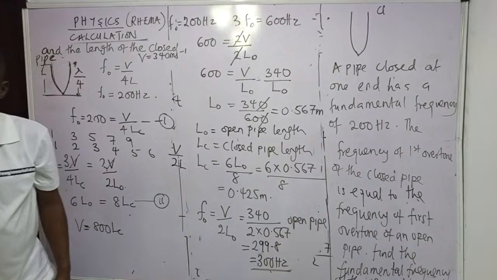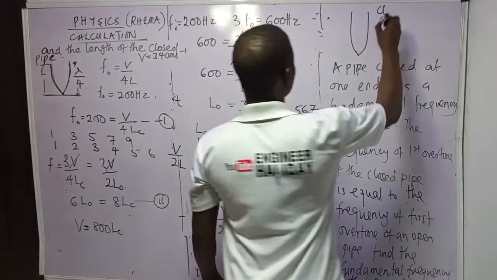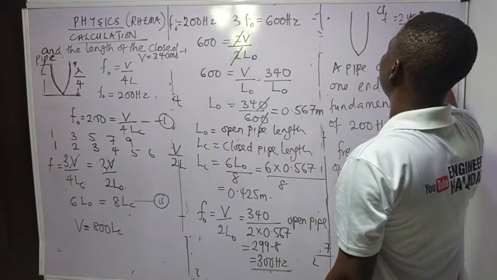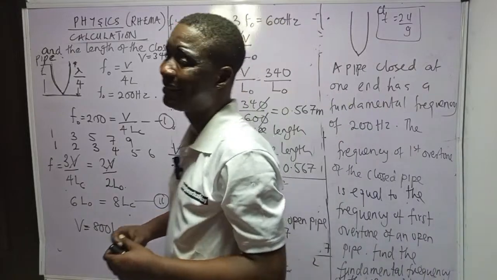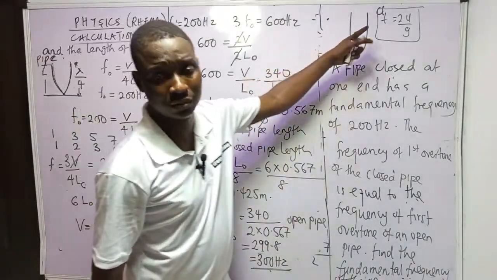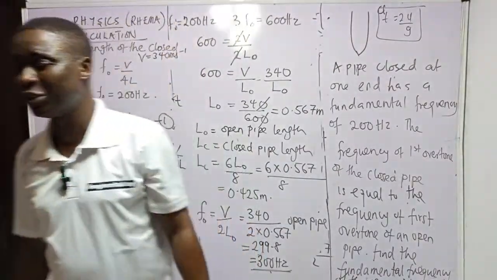So sir, is t equals 2u over g valid for non-uniform motion? Don't forget, this one is vertical motion. Vertical motion is uniform acceleration motion.